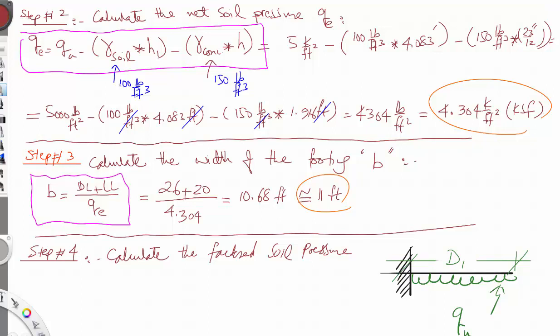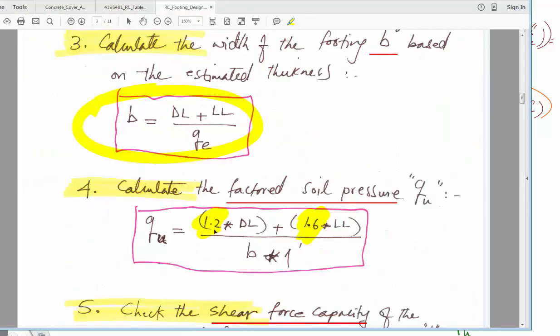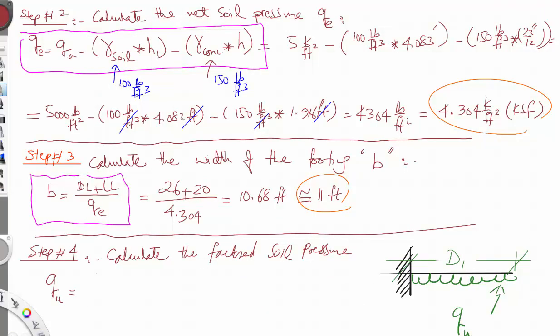So let's do one step at a time. QU is equal to, according to the equation here, 1.2 dead load plus 1.6 live load divided by the width. So this is 1.2 dead load plus 1.6 live load divided by B, and that is again an equation.